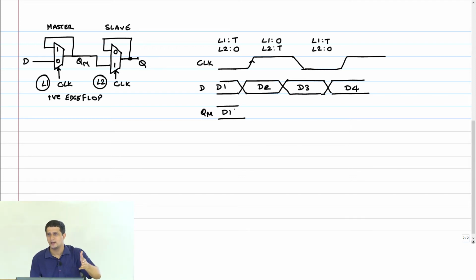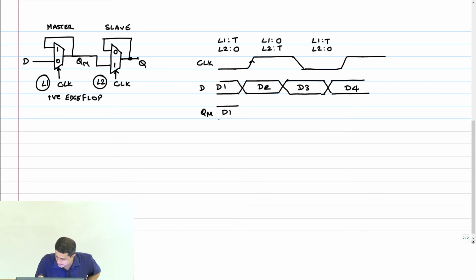It may have happened with some delay, but given that D1 has settled already, this is going to be D1. Okay. Now D makes a change to D2 before the clock edge. So what is the sampling edge for L1? If it's a negative latch, then it's the positive edge. So if D1 switches to D2 at least a setup time before the clock edge, then this sampling will happen properly, right?